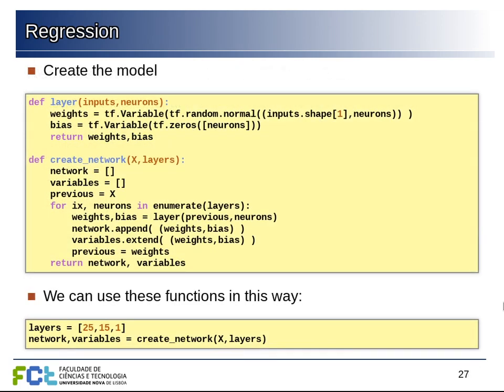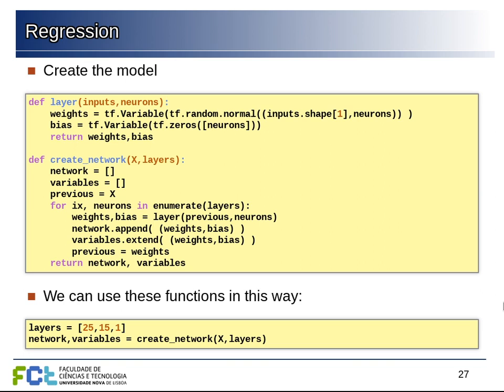Now, one thing that you can do to create the model, instead of using that method we used of using the global variables and creating those by hand, is create a layer function that receives the inputs into this layer and how many neurons we want.